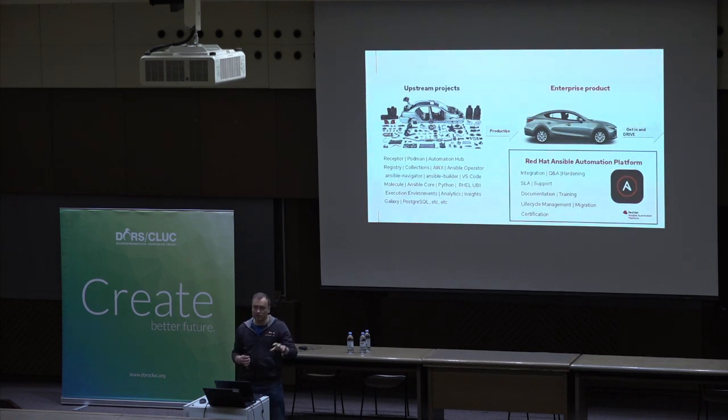So this is a product targeted at enterprises which have requirements around security, around service level agreements, and so on, and they cannot afford to rely only on community and upstream support.